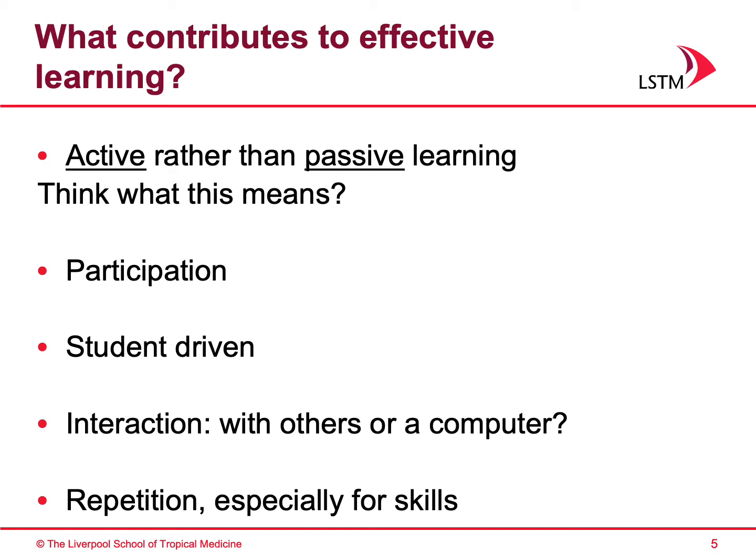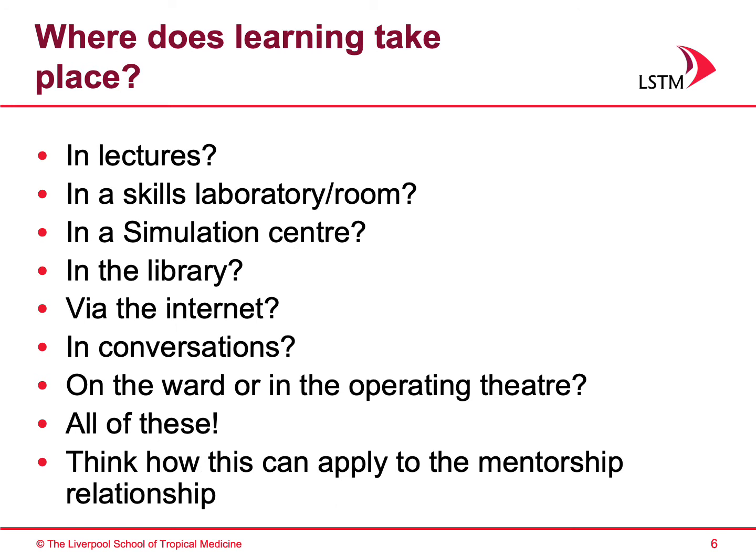So where do you think that learning can take place? Just pause for a minute and think about this before moving to the next slide. Learning could take place almost anywhere. We could have formal learning in lectures, or we could learn in a skills laboratory, or in a simulation centre.